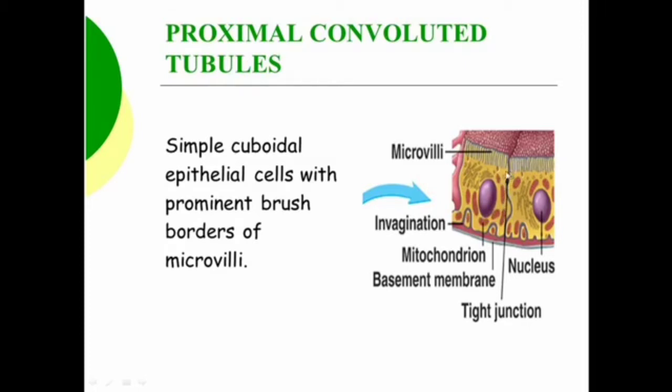And one more thing, at this end there are junctional complexes present here. Junctional complexes, zona occludens and zona adherens, and it's written here tight junction, but these are not tight junctions, because the water and dissolved solute can pass between these two cells into the interstitium here.